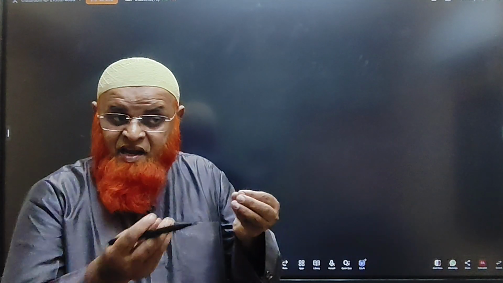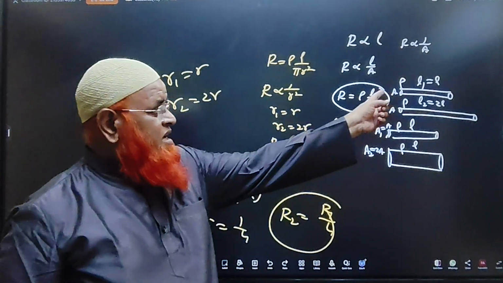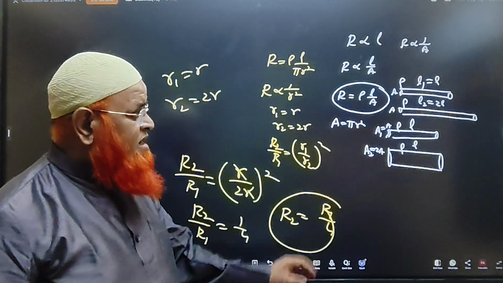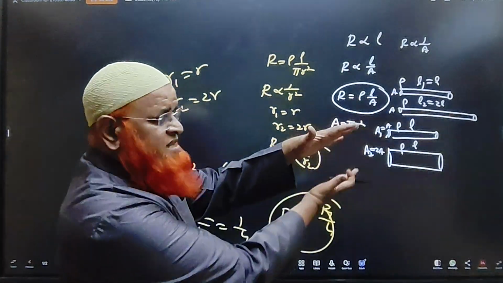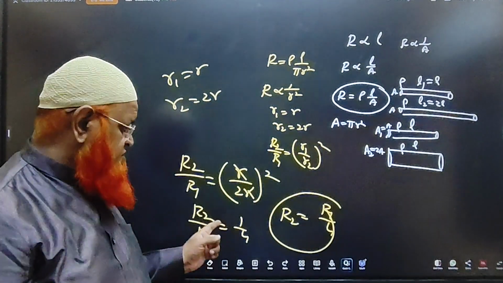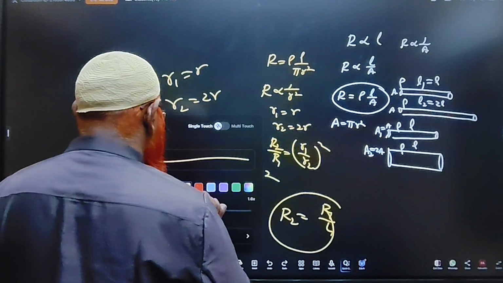See, this is applicable when extra length is added. Already there is a wire, extra length is added here. Already area is there, extra area is added to that. Then these formulas are applicable. What are the formulas applicable for extras?